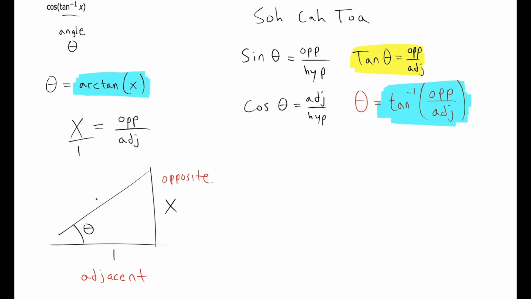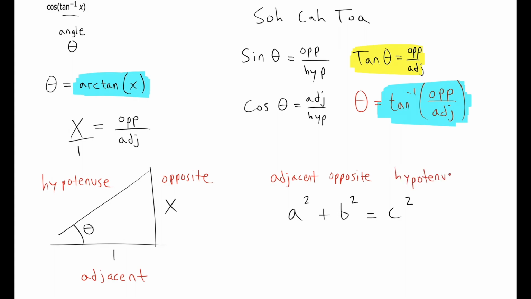This would allow us to solve the Pythagorean theorem for the length of the hypotenuse in terms of x. So we have that for the Pythagorean theorem, a squared plus b squared equals c squared, where a could be the adjacent leg, b could be the opposite leg, and c could represent the hypotenuse.